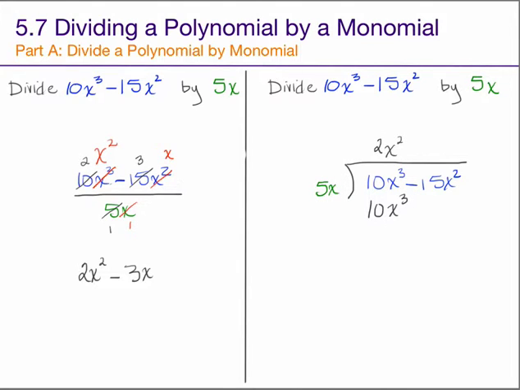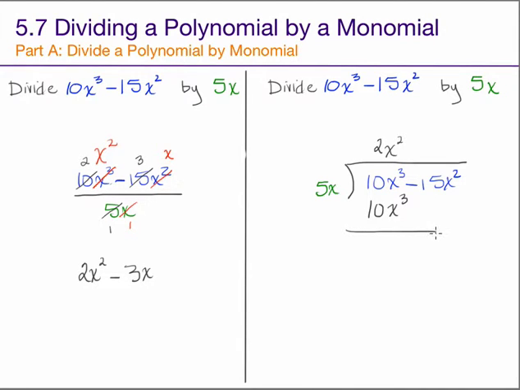Okay, let's keep going. We've determined that what I need to multiply by 5x to get 10x cubed is 2x squared. Doing that multiplication, I get 2x squared times 5x is 10x cubed.